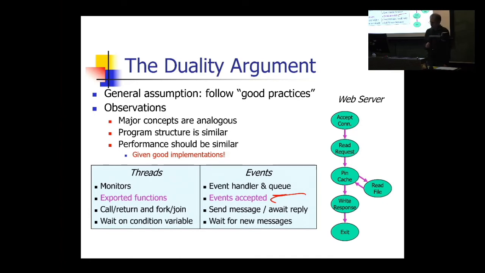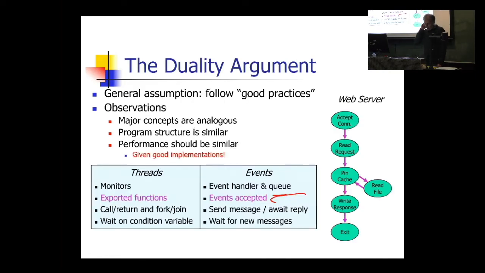Okay, the pin cache thing probably only accepts, here's a request for a particular kind of request. Okay, so we can transform the different event types into the interface of the particular monitors, or we can take the monitors and transform the functions they export into particular events for handlers. Okay.